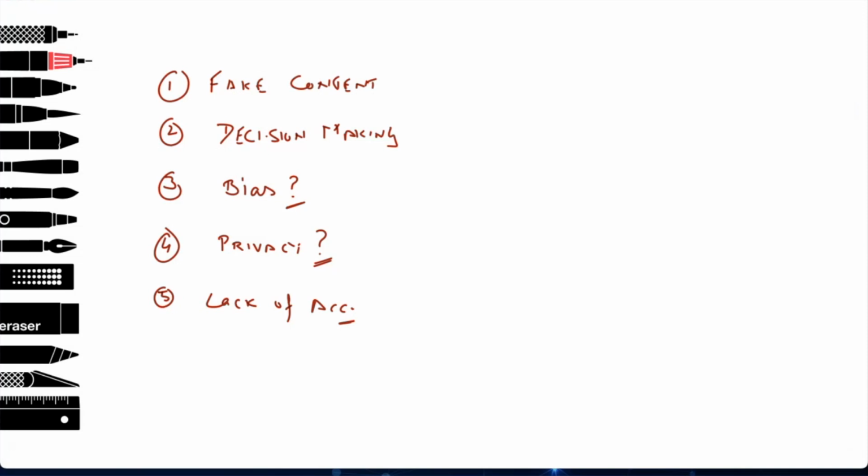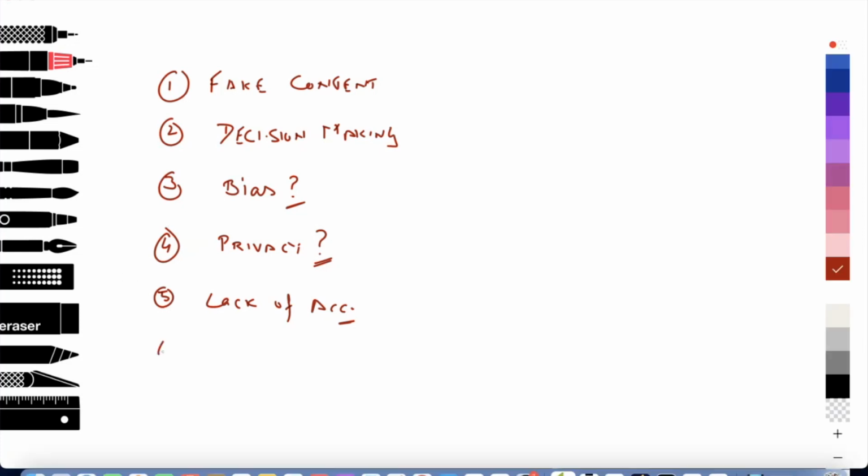So the AI decision making process is actually unclear, making it hard to pinpoint responsibility for mistakes. Either it is our mistake or AI's mistake. You cannot blame AI, right? So what data it has used, how it has used it, and so on and so forth. And the one which again comes up in a lot of discussions, copyright issues.